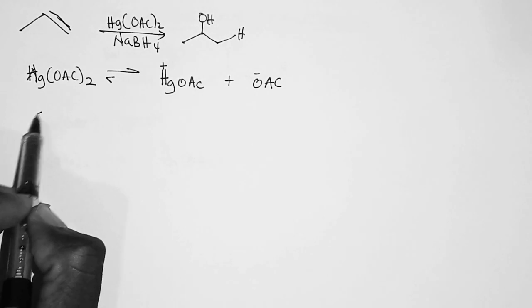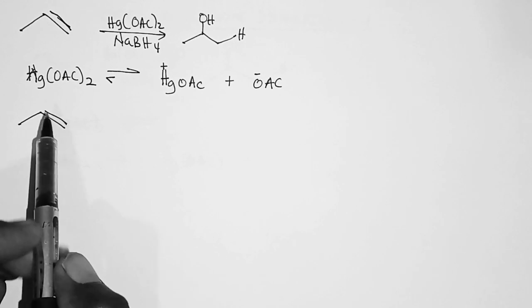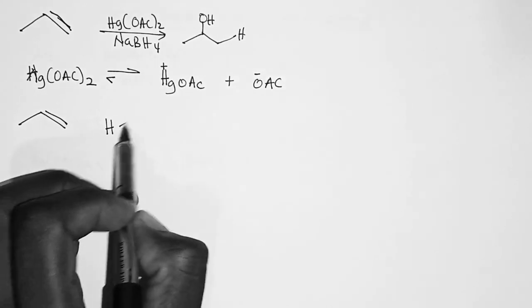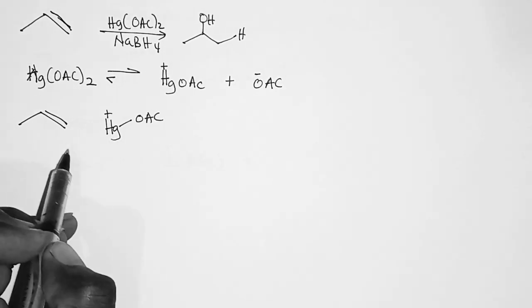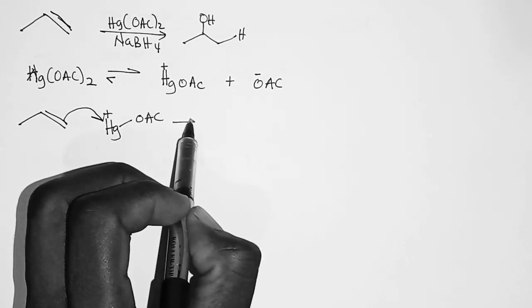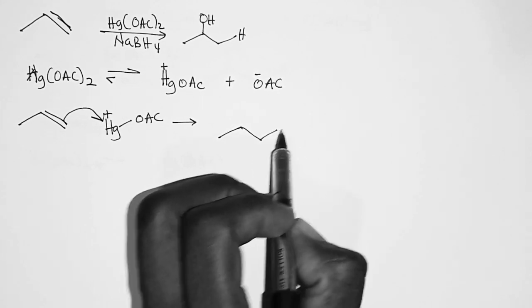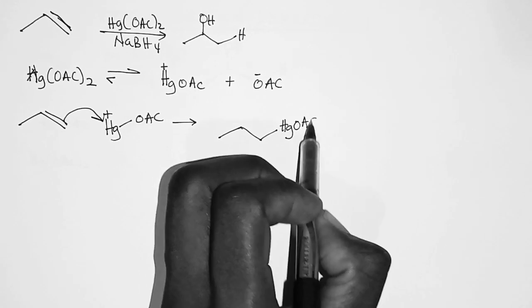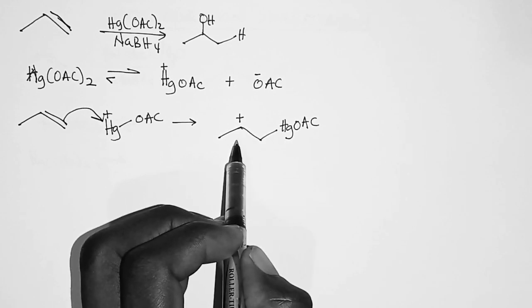So what happens is that because the propene has a pi bond, it donates its pair of electrons to this electrophilic center. So there is this donation. When it happens, it leads us to form this intermediate, which is the mercury acetate being at the side with this carbocation formed on a secondary carbon.